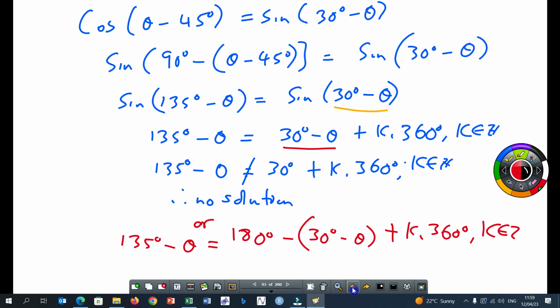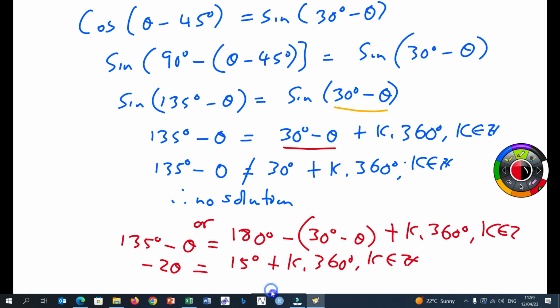Then take the positive theta to the left, I'll get minus 2 theta. It's going to be equal to 15 degrees plus k times 360. Are we following that? Then because of the coefficient there, I'm going to divide both sides by -2 mentally, as I don't have space, and I'm going to assume that you are all following. By -2, we get theta equal to minus 7.5 degrees minus k times 180 degrees.